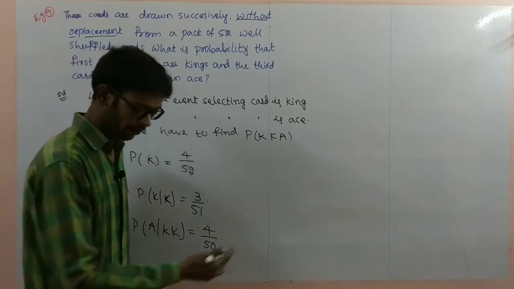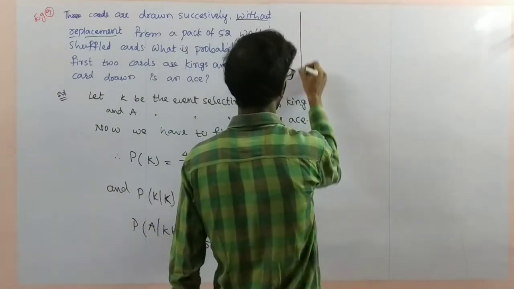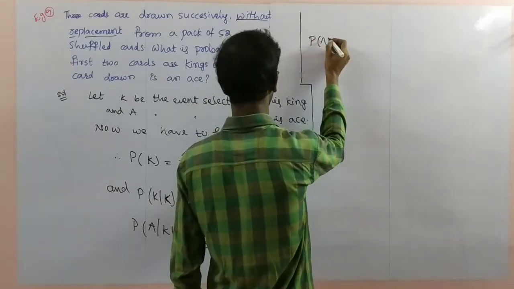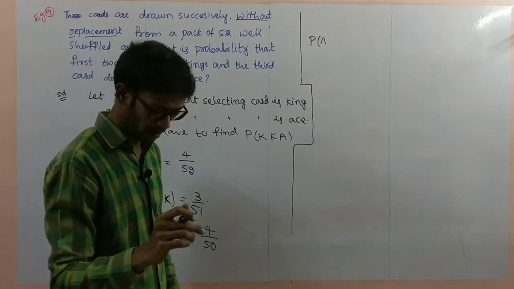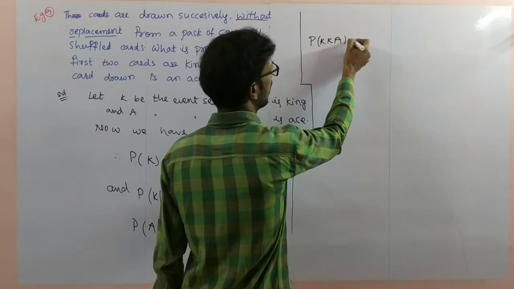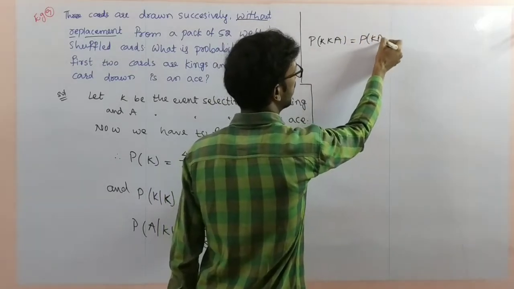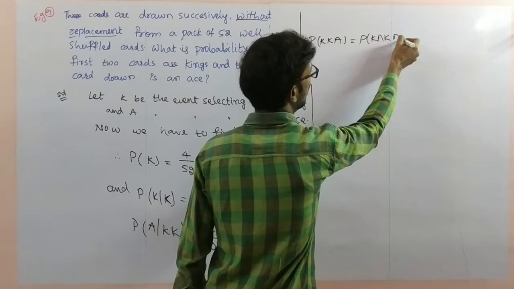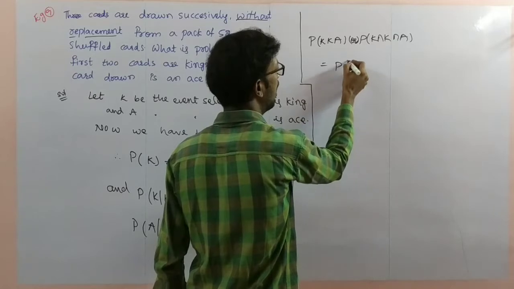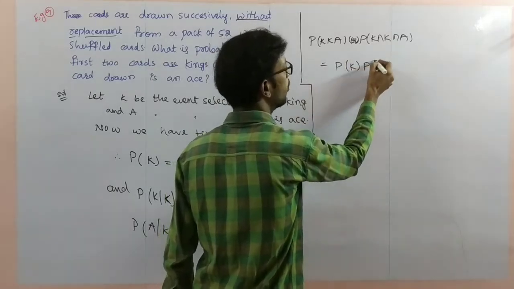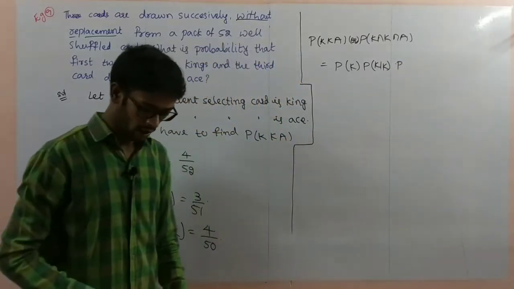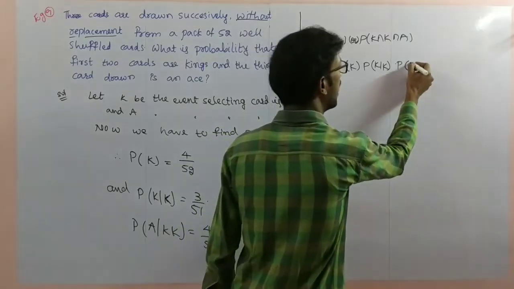Now we have to find our required probability. Probability of KKA, or K intersection K intersection A, is equal to the formula: probability of K into probability of K by K into probability of A by KK.